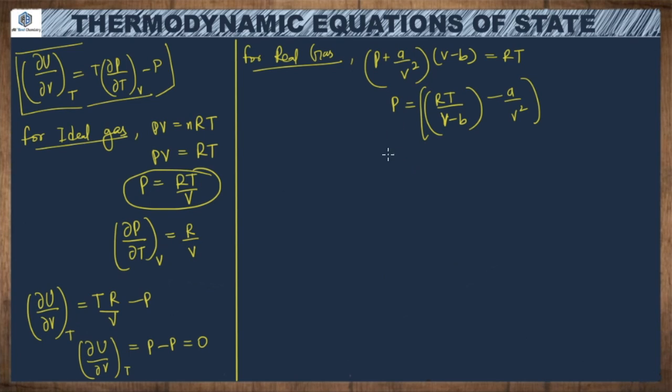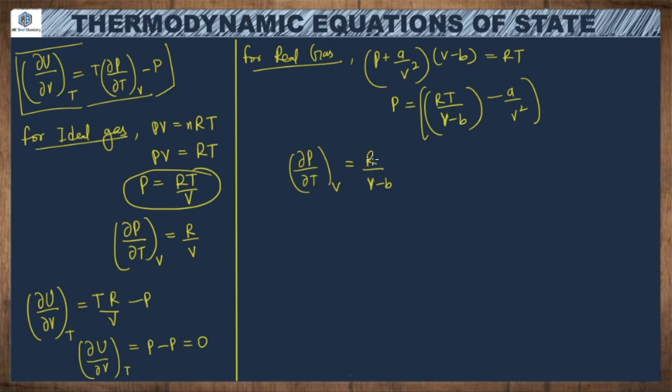So the same thing we are going to do. I'm going to calculate del P by del T at constant V. When you differentiate that, R and V minus B will be considered as constants, so that will come outside, and you will only get R upon V minus B. Again, the differentiation of T is equal to 1.